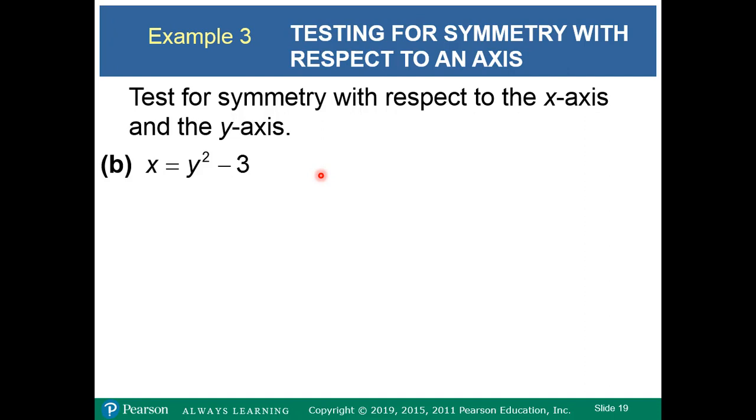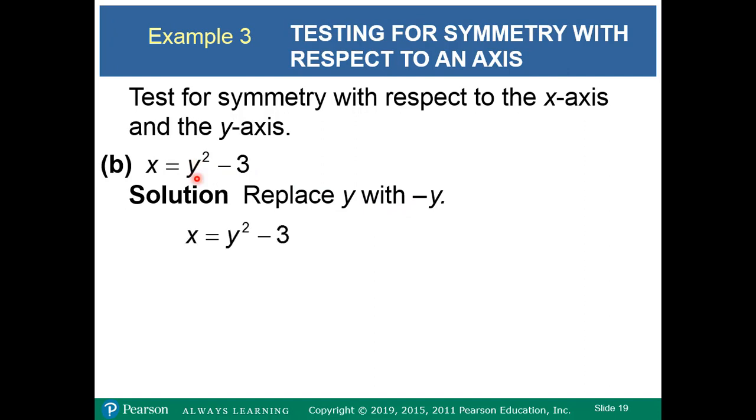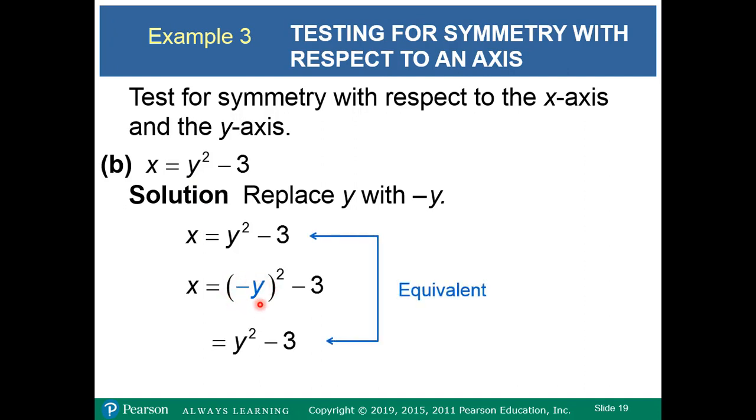Okay, now what about this one? Well, first thing we're going to do, if we want to look at the symmetry, is replace y with negative y. Well, look what happens. We get the same sort of thing going on. Again, we are squaring the whole thing, and we get equivalent expressions.